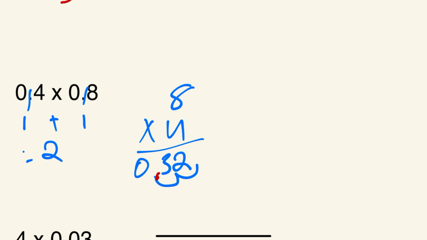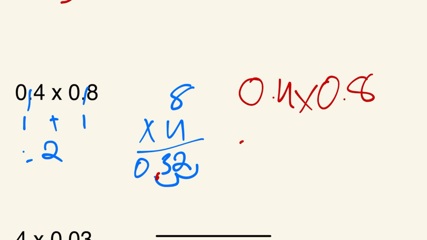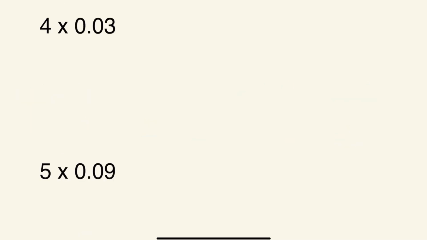Of course, the numbers are a little shorter right now, but once they get higher, you need to be really careful with the decimal places, how many decimal places there are. However, let's go back to this example. So 0.4 times 0.8 equals 0.32.